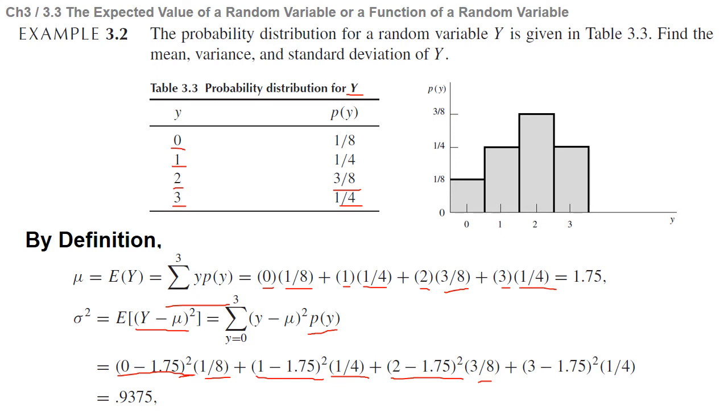As a result, sigma squared is 0.9375. And to calculate the standard deviation of y, we take the square root of this one. Then we will get the standard deviation for y.